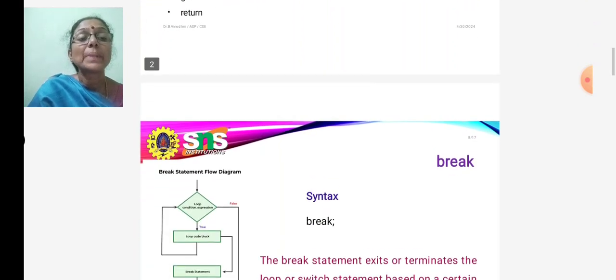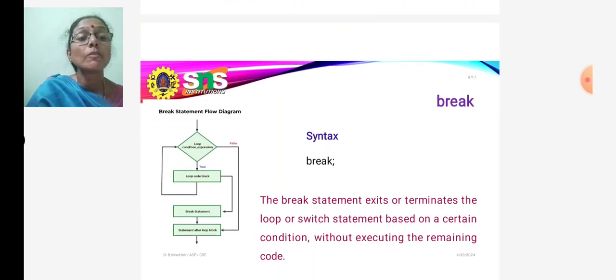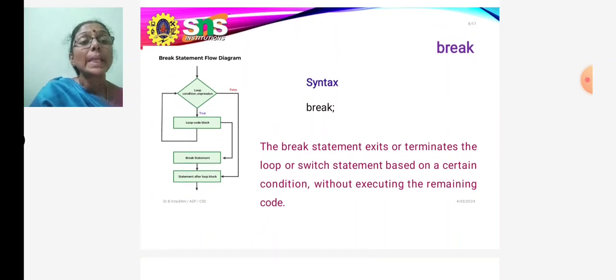So what is the break? The syntax of break is break followed by a semicolon. The break statement exits or terminates the loop or switch statement based on a certain condition. Without executing the remaining code, it will come out from the loop or switch case statement. That is the use of the break statement.